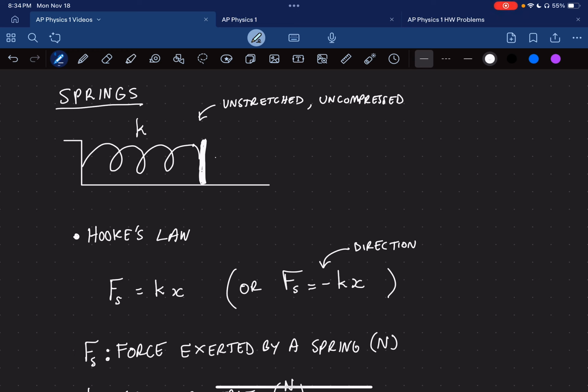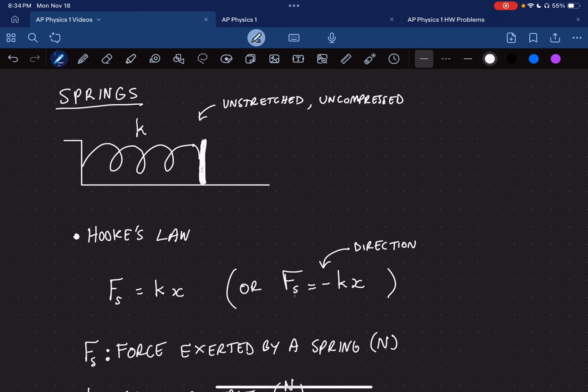Now, if I were to pull on this spring and stretch it a distance x, and by the way, of course, this is the equilibrium position, but if we displace it this way and we're stretching it, we're pulling this way in the positive direction, but the force exerted by the spring would be in this direction against it.